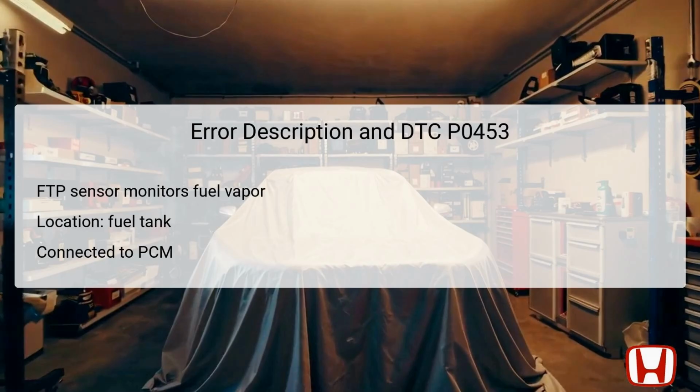If the sensor fails to send the correct voltage, it could lead to significant emission system issues. Moreover, as part of the troubleshooting, it's necessary to verify the wiring connections and continuity, which may affect the FTP sensor's performance and reliability.